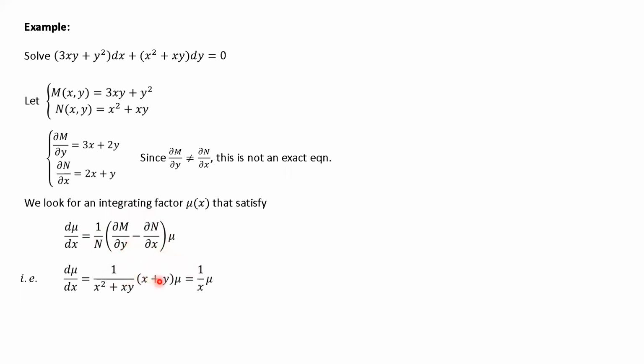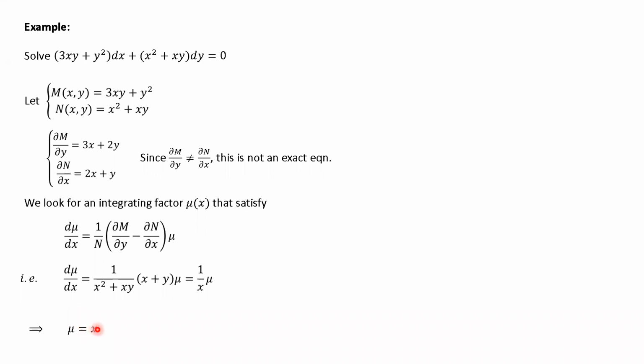There's some x and y terms, but in the end all the y are cancelled out. So then this d mu dx is just given by 1 divided by x times mu. So separation of variables can be applied, and you find that a possible choice for the integrating factor is simply x.